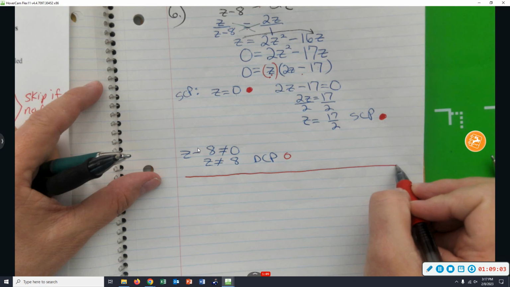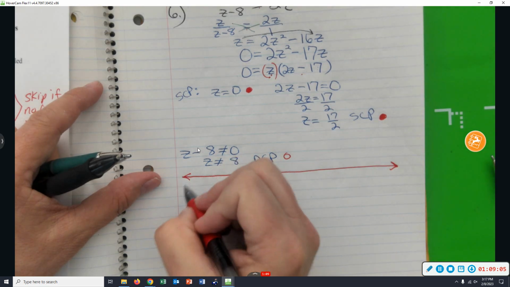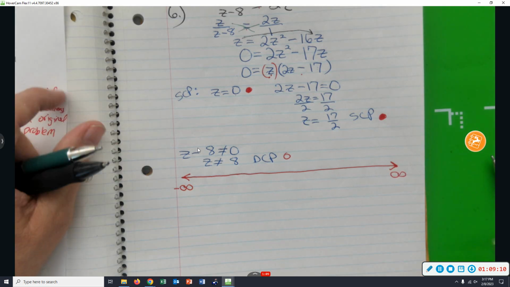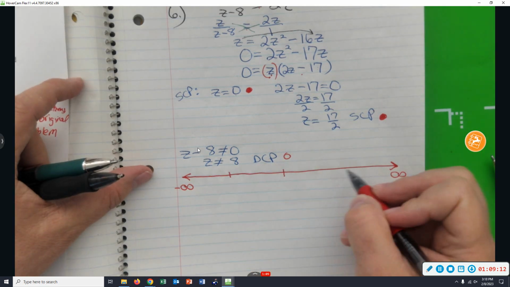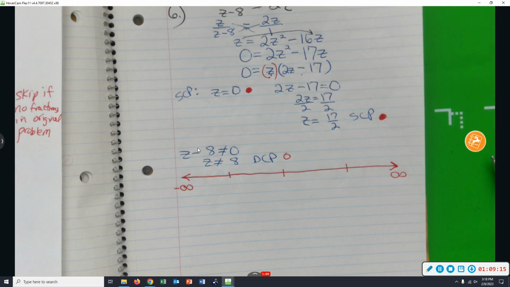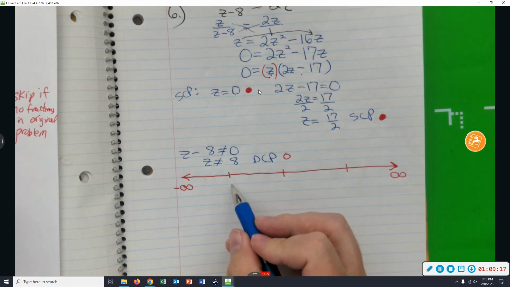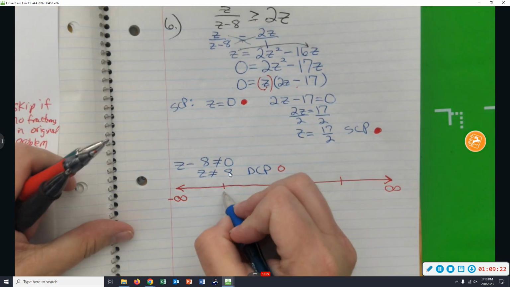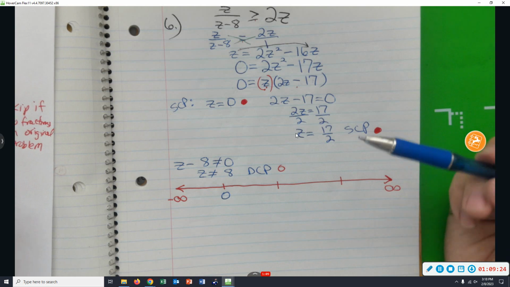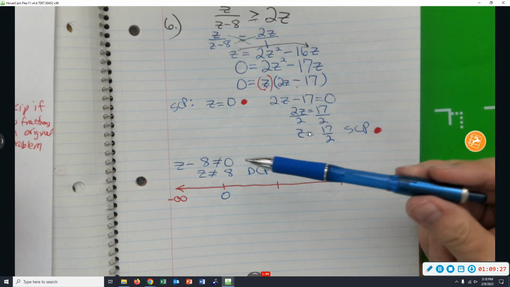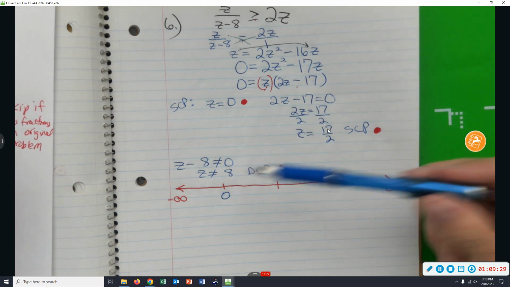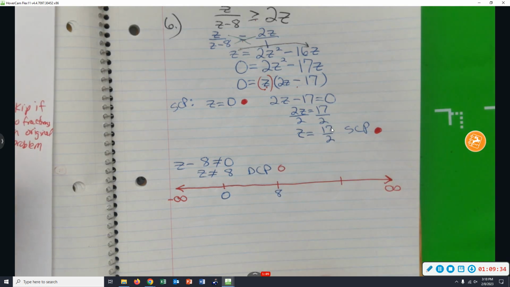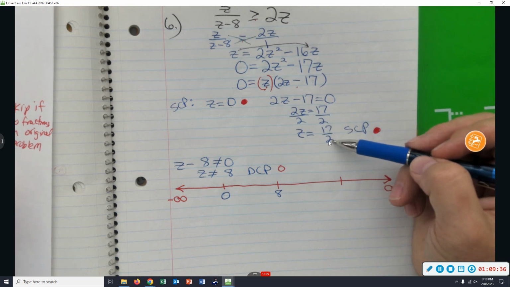Third step, draw your number line. Negative infinity, positive infinity. I have 3 cut points. Be careful how you label them. What's the smallest one? What's going to go here? 0. Okay, what's going to go next? It's going to be 8 or 17 over 2. 8, that's 16 halves. 17 over 2, that's 8 1/2.